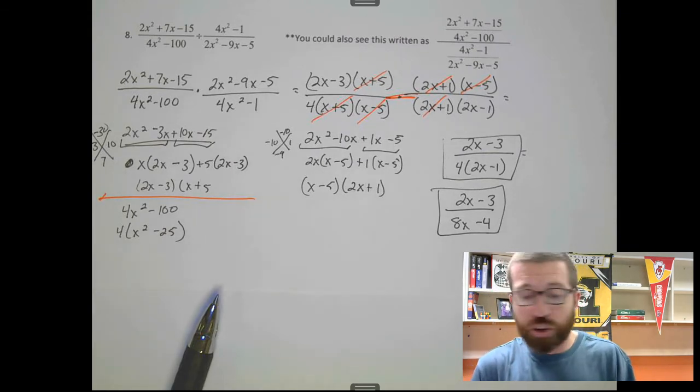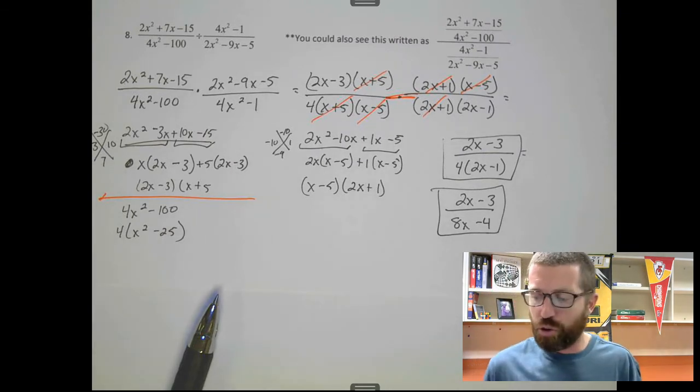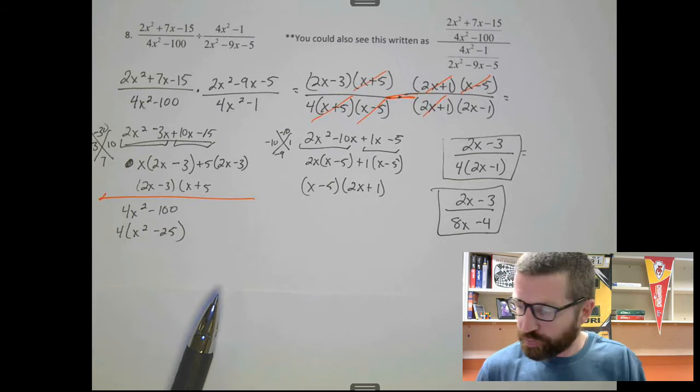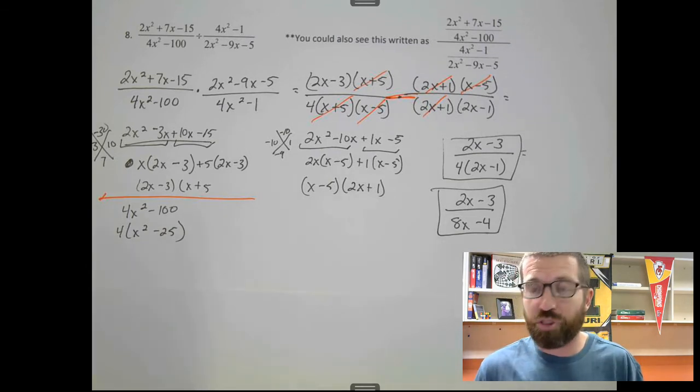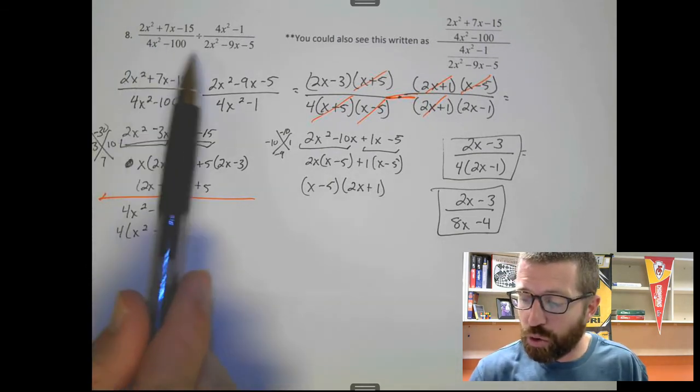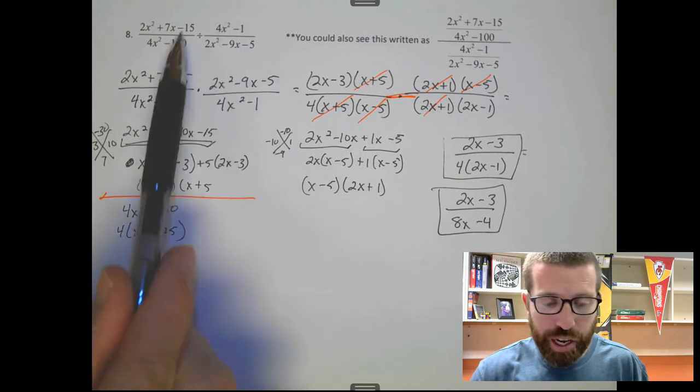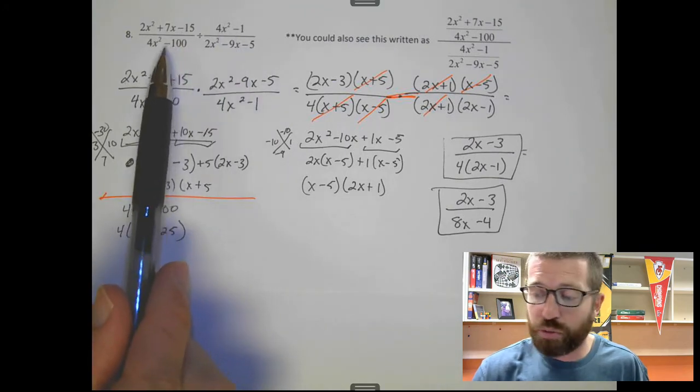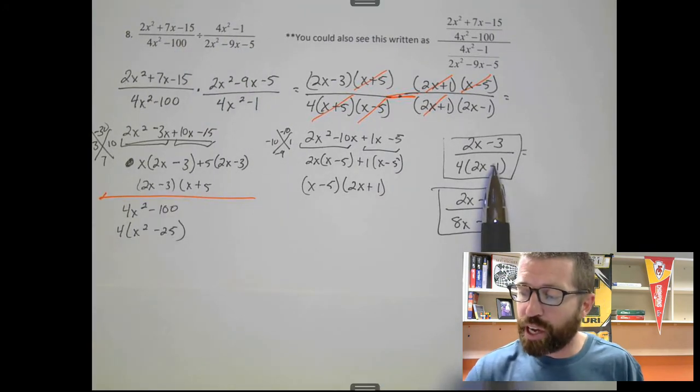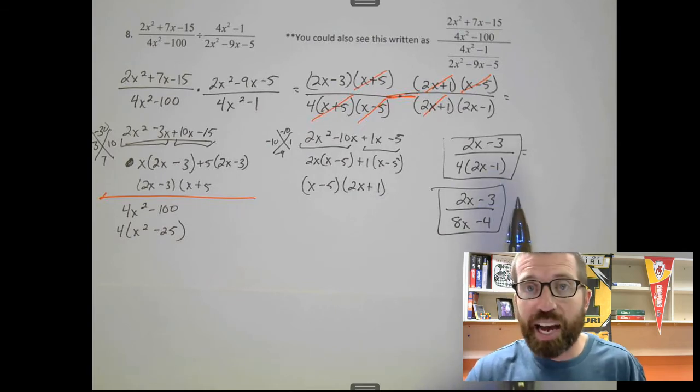So checking your work, you could go all the way back through and check all your factoring and everything. You could also plug in a number using a calculator. So like this whole thing, if you type this in your calculator with x is 2 and hit enter, and then type this as the calculator with x is 2, you should get the same number. You could also graph this.